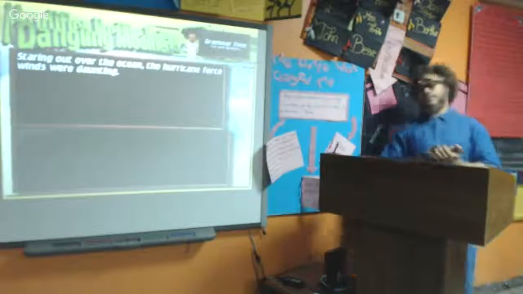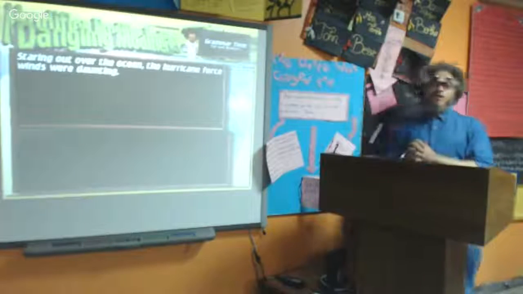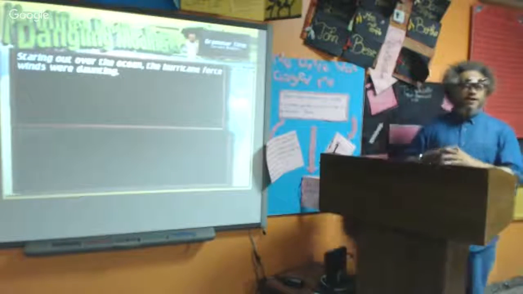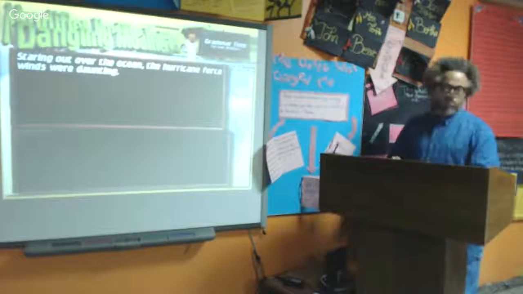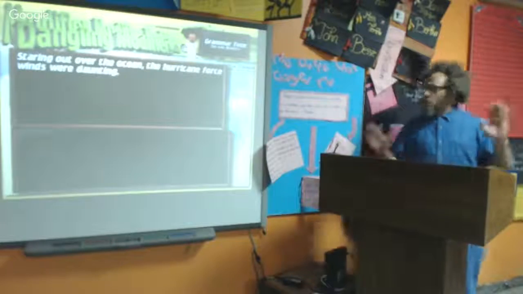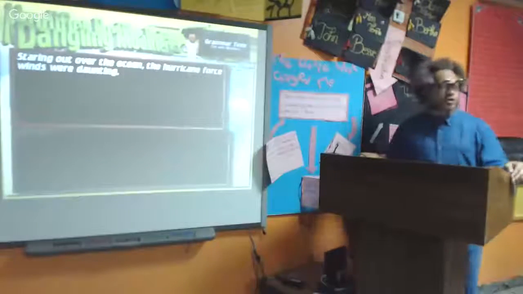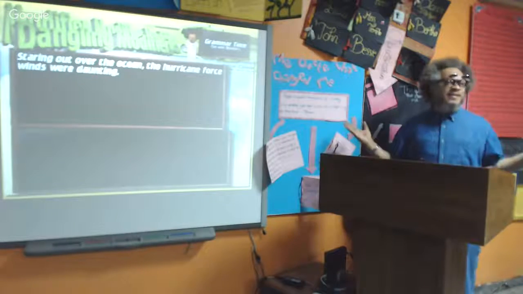Rewrite the sentence and put the thing that the modifier is supposed to be modifying in this sentence. Put it in there. We know it's a dangling modifier. We know the modifier is staring out over the ocean. We know the thing in this sentence it is supposed to modify is the hurricane, but that doesn't make sense.